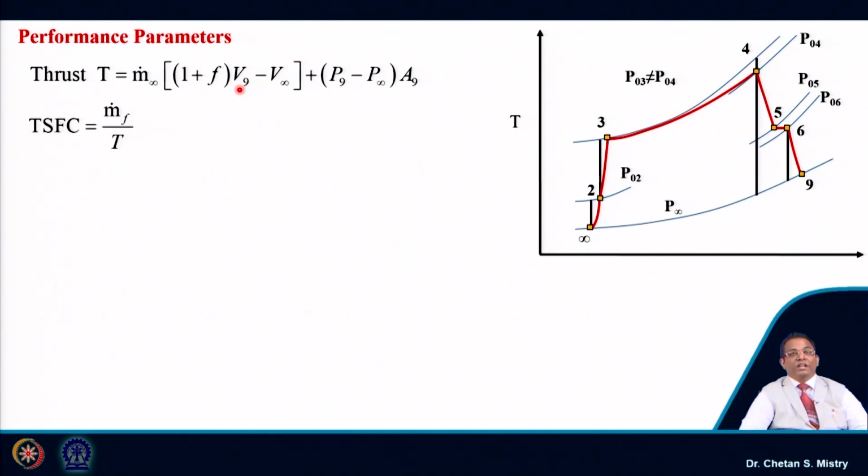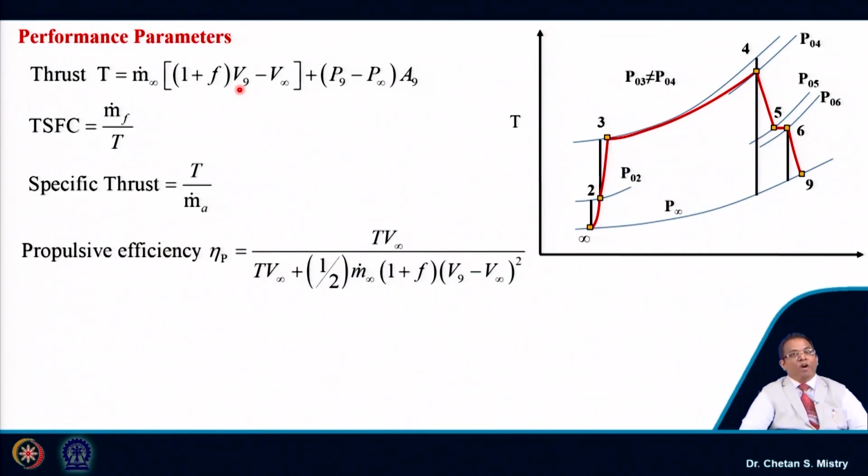Once we calculate this thrust, we can calculate the thrust specific fuel consumption, that is m dot f divided by T. We can calculate our specific thrust, that is T over m dot A. We know our propulsive efficiency, that is given by thrust into flight velocity divided by thrust into flight velocity plus 1/2 m (V9 minus V infinity) squared.